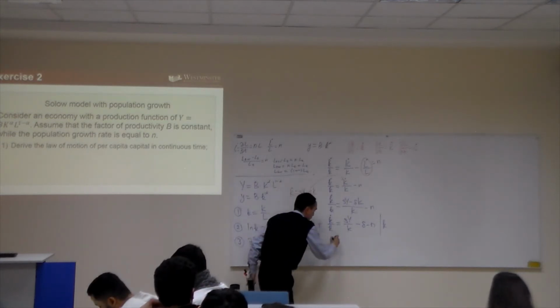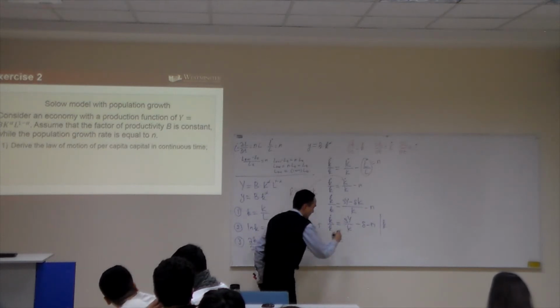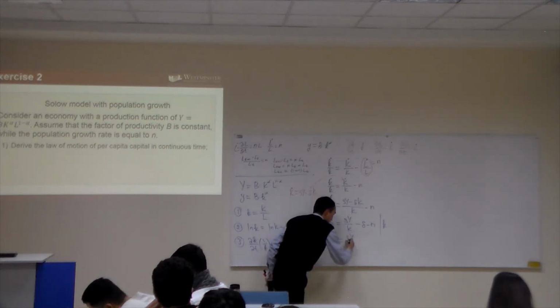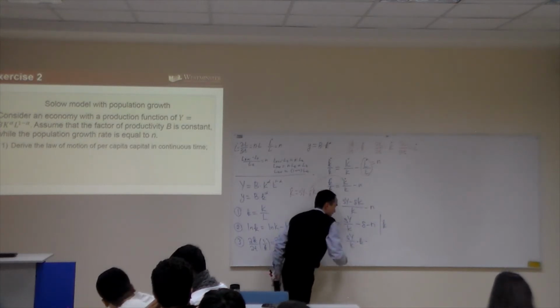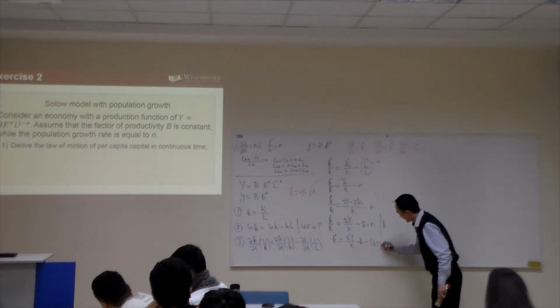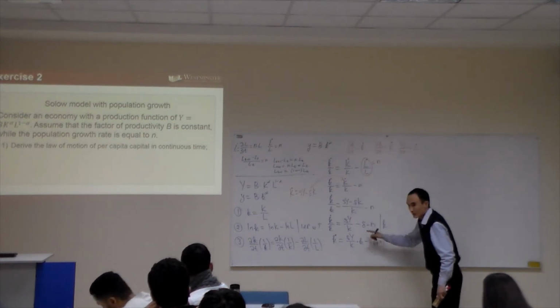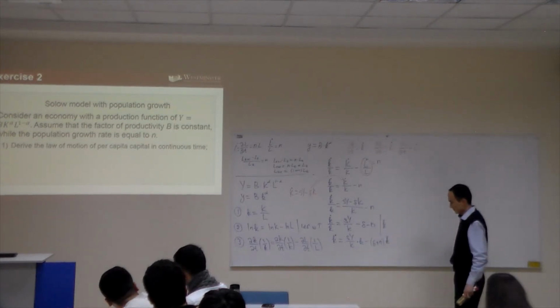If you multiply, then you will get change in per capita capital is equal to investment over capital times per capita capital minus depreciation plus N times per capita capital. Yes? Okay.